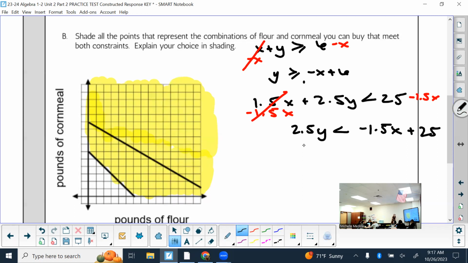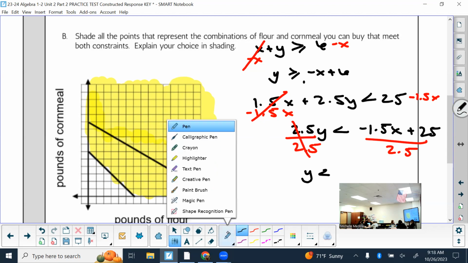And then the opposite of multiplying 2.5 is to divide it. Now whatever you do on one side, you do to the other. And truly, you don't need to fully simplify it. The reason we did that is to see if we needed to flip the sign at all. And did we need to flip the inequality sign? No. So it's y less than.